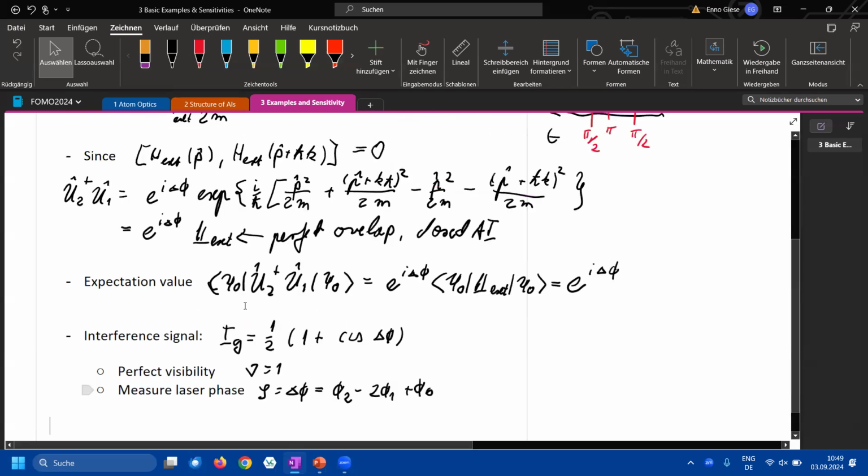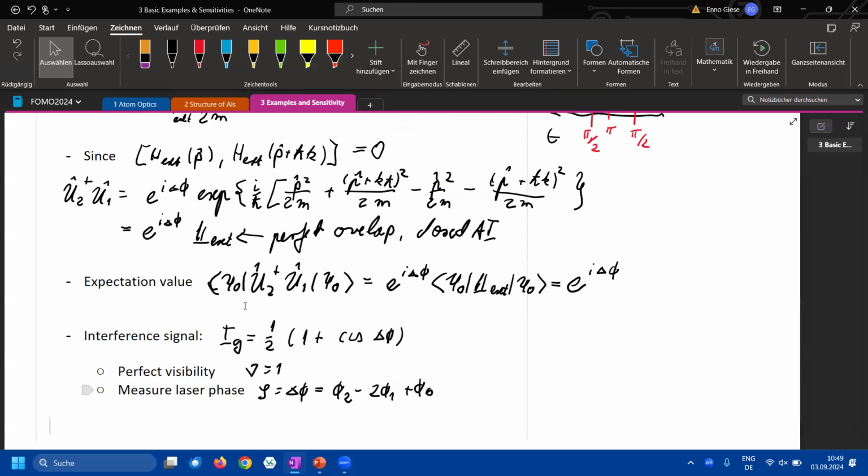So now, this is the first one, P squared over 2m. That's this U dagger here. Then I have P plus h bar K squared over 2m. That's this one. And then I have it in the reverse order with a different sign. And everything drops out. And that's just because the wave packets evolve exactly the same and they overlap perfectly.